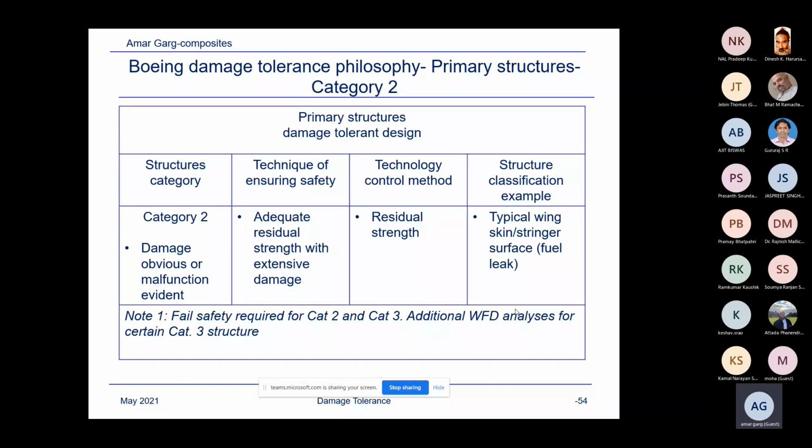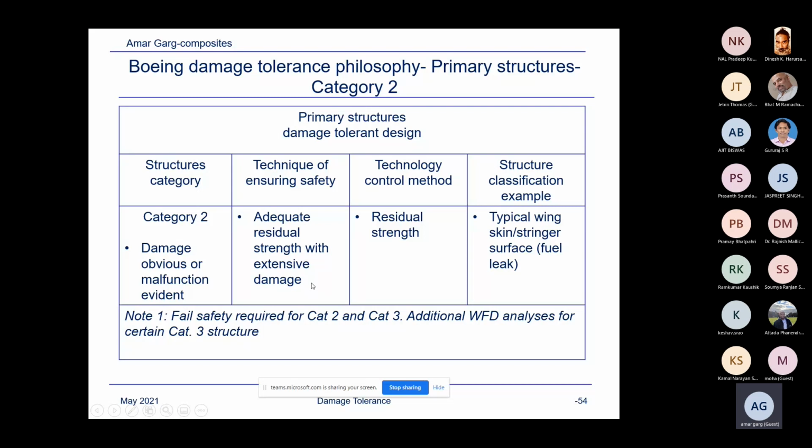Category 2. Category 2, Boeing defines, is a type of structure where damage is obvious or malfunction evident. That is very large damage that can be seen from a distance just during general visual inspection from outside. Or it could be some failure of a fitting, some malfunctioning of a control system. So basically, is the damage obvious or the malfunction evident? The requirement is the technique of ensuring safety: adequate residual strength with extensive damage.